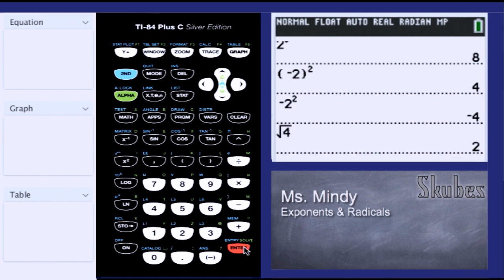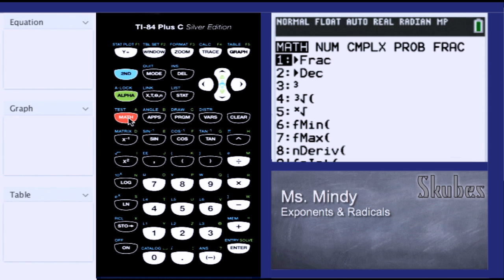Now what if I want to do the cube root? I can't use that shortcut button. Instead, I have to use the math button. If you press the button that says math, notice all these other functions come up, which we'll discuss later. If you notice on the very first column where it says math, number 4, if you scroll down, number 4 is the cube root.